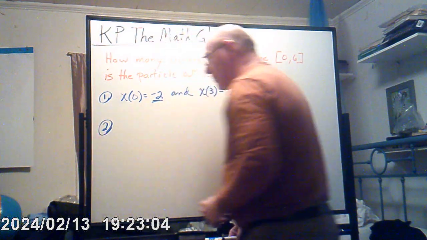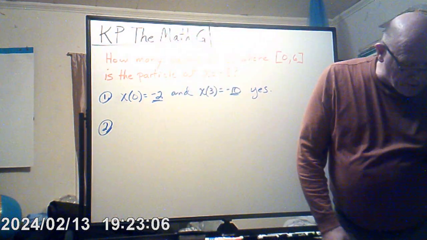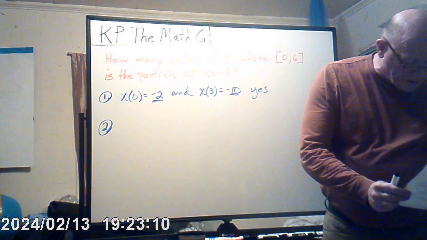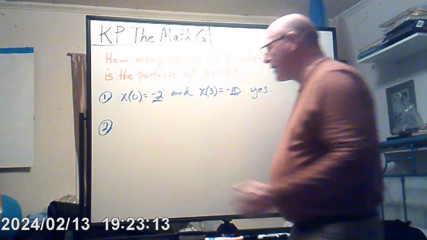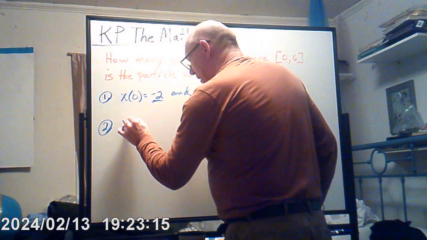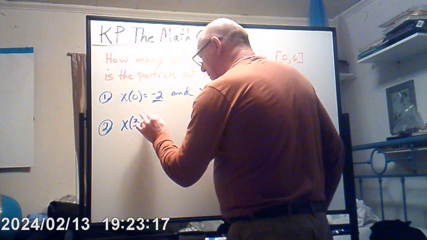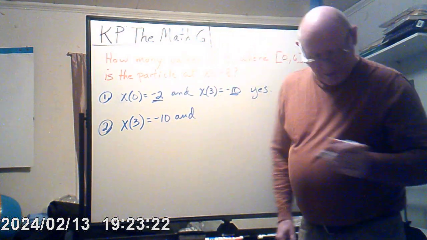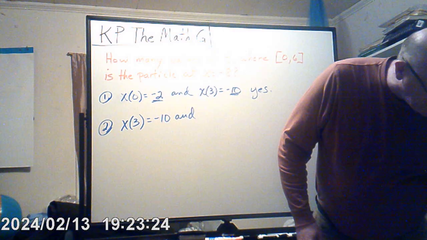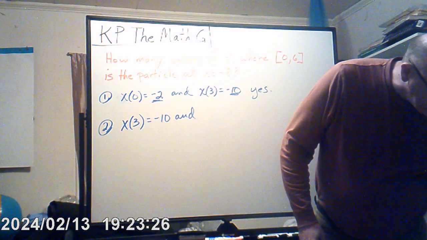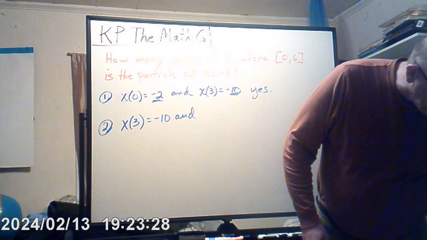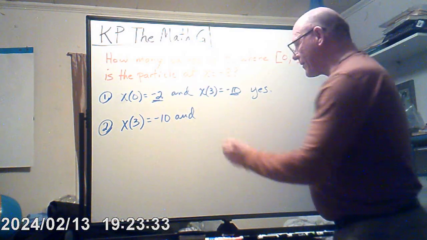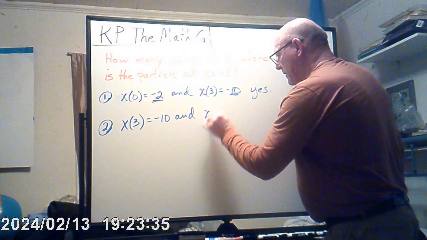Let's look at another place. Let's continue from x at 3. x at 3 is -10, and we'll say we're looking at x at 5.